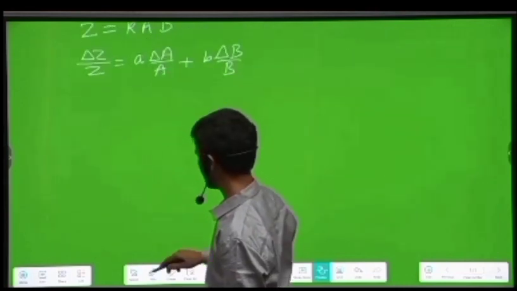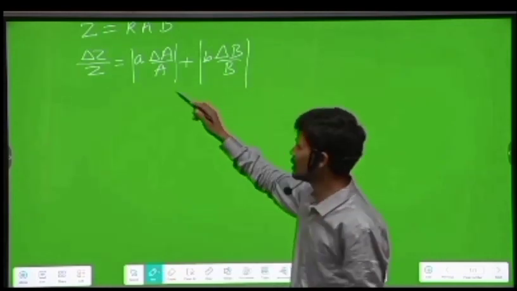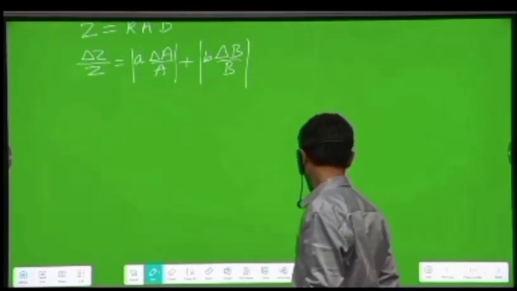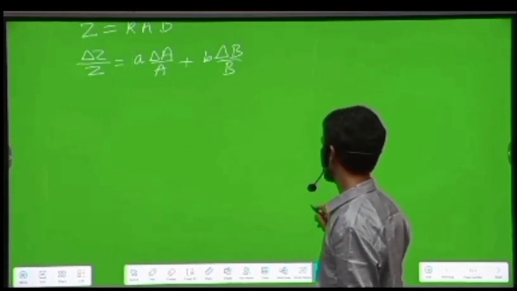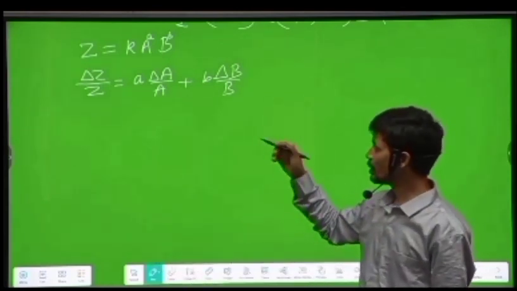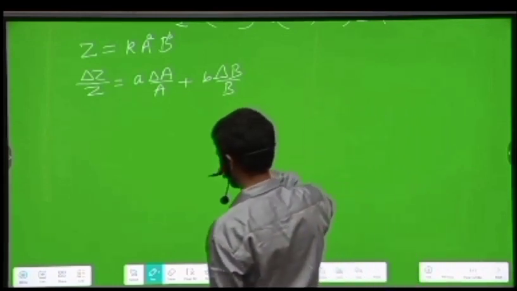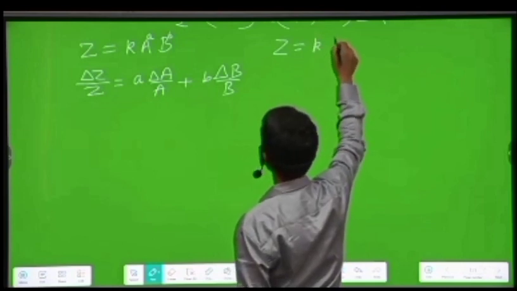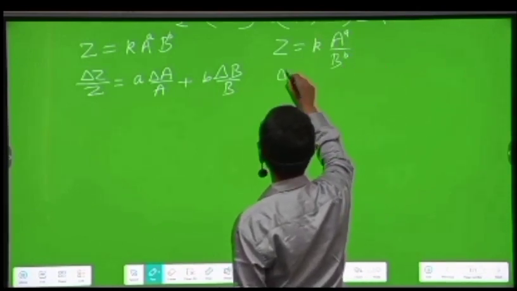I haven't mentioned it, but all the time you just imagine that these powers are inside the mod sign. So it is always positive in nature. And that is why I have said that multiplication and division are both alike. Means if the same formula would be like this, Z equal to k A to the power a divided by B to the power b, still that formula wouldn't change.